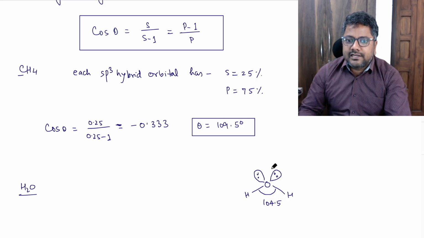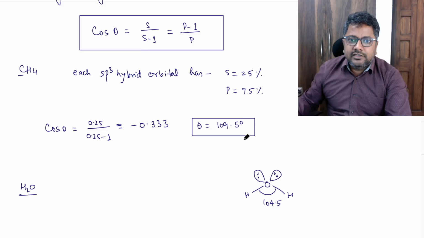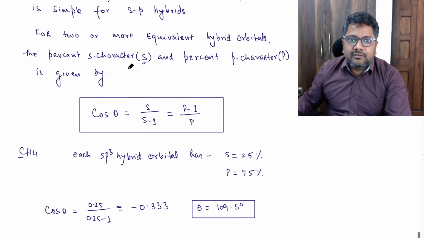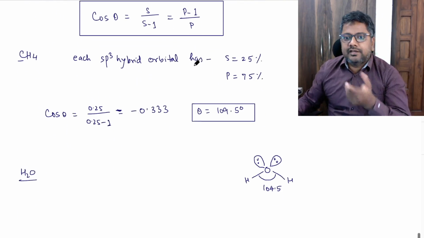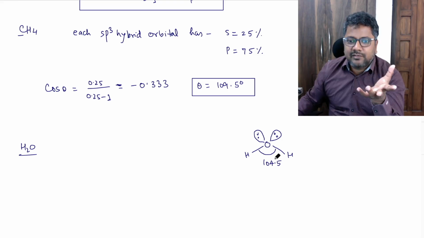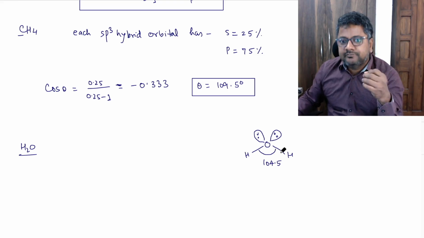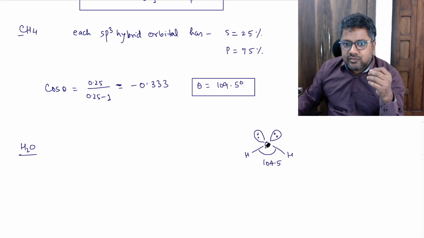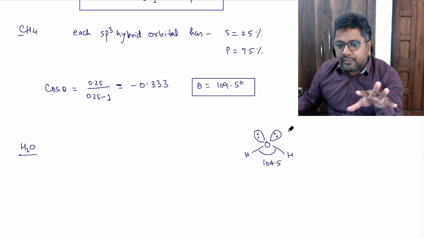So by knowing this, we can find out the p character, and accordingly the s character and p character in the lone pairs.